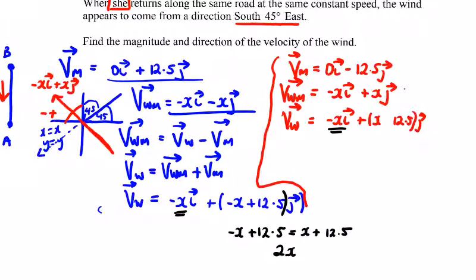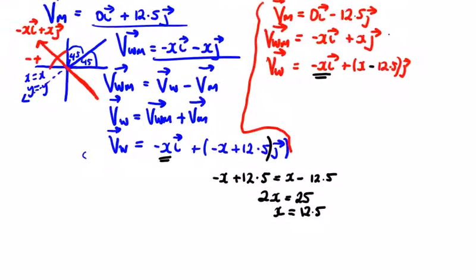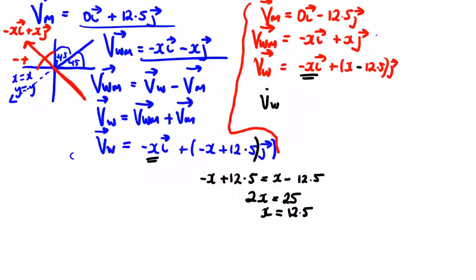Like I said, minus is minus, so we're going to get 2X is equal to 25. So X is equal to 12.5. So the velocity of the wind is going to be equal to minus 12.5 in the I direction, and then plus 12.5 minus 12.5, 0 in the J direction.